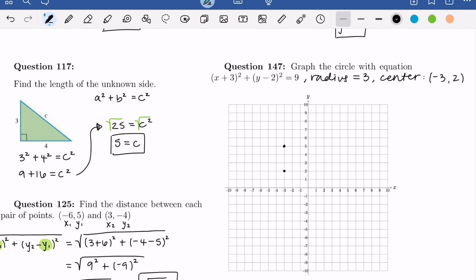Now I'm going to go 1, 2, 3 to the right, to the left, and then down. From here, we can do a rough sketch of our circle. It'll look something like this. And if you're on an iPad like I am, it'll make that circle much nicer. So that'll be the rough sketch of our circle with this equation.